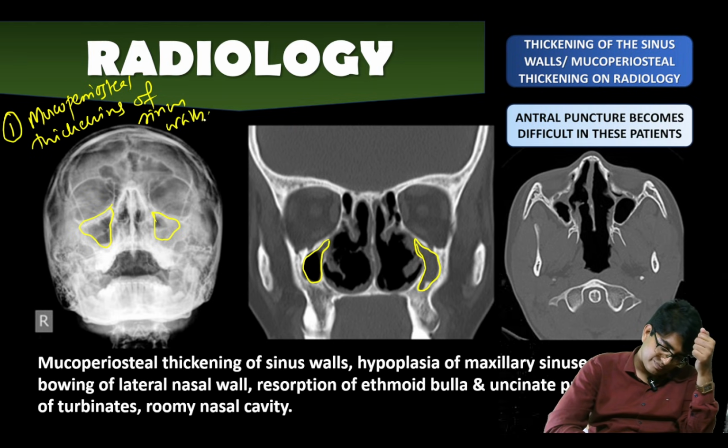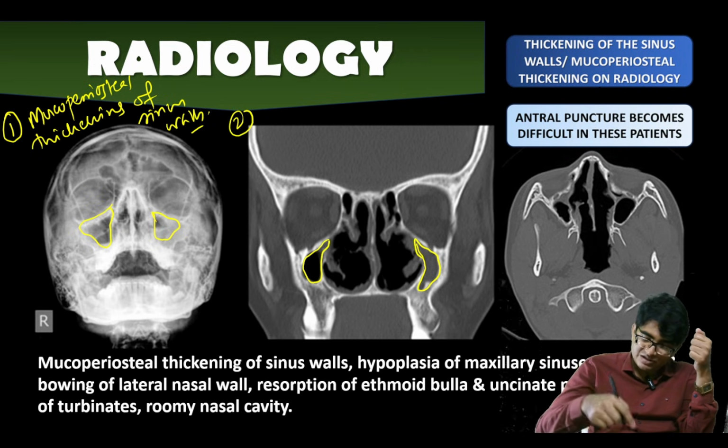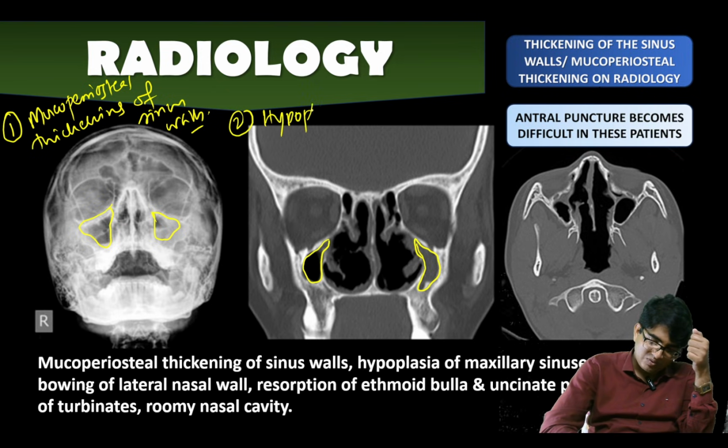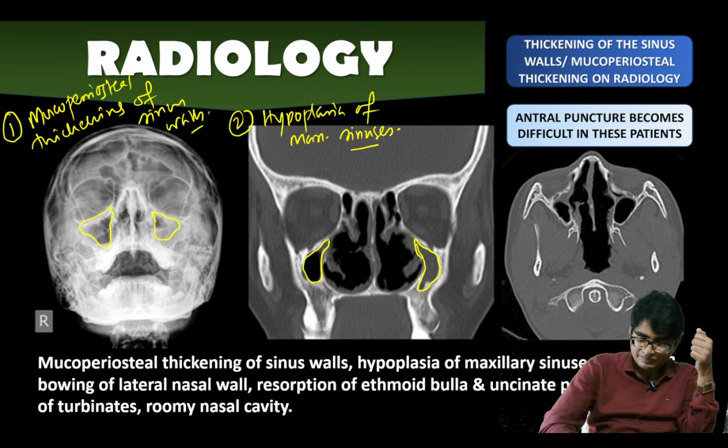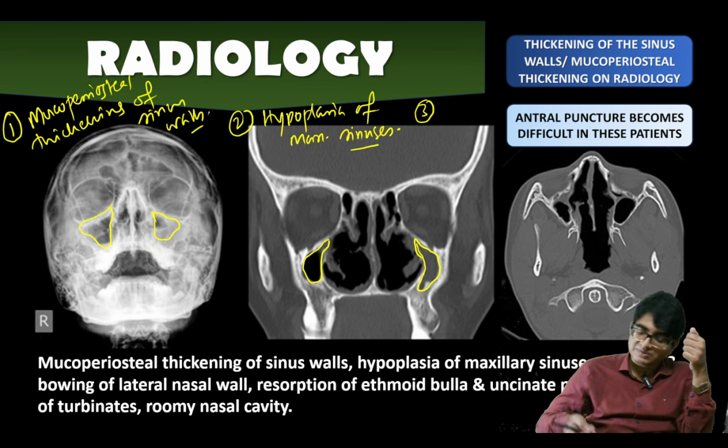Correct? Second, the sinus size itself is decreased. So which sinus? Mostly the maxillary sinus. So there is hypoplasia of maxillary sinuses. Second keyword.